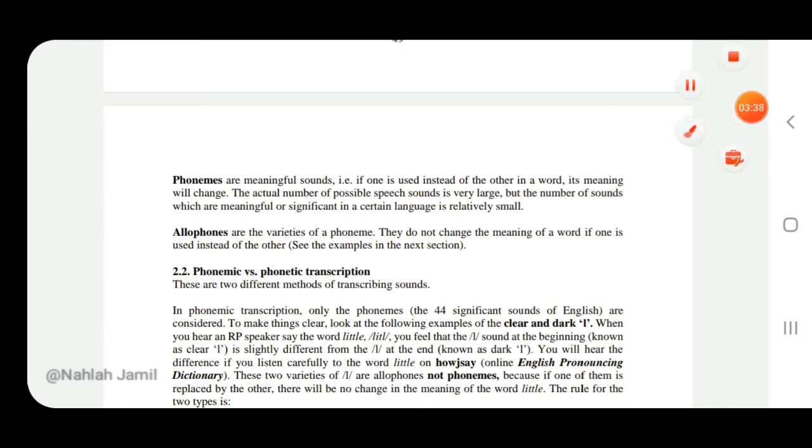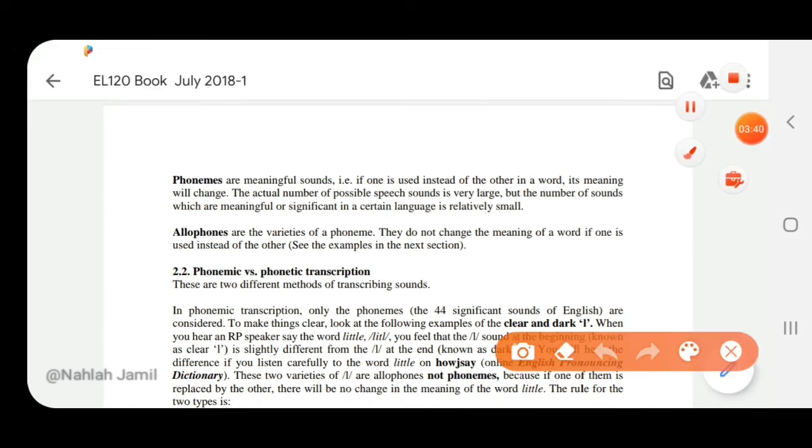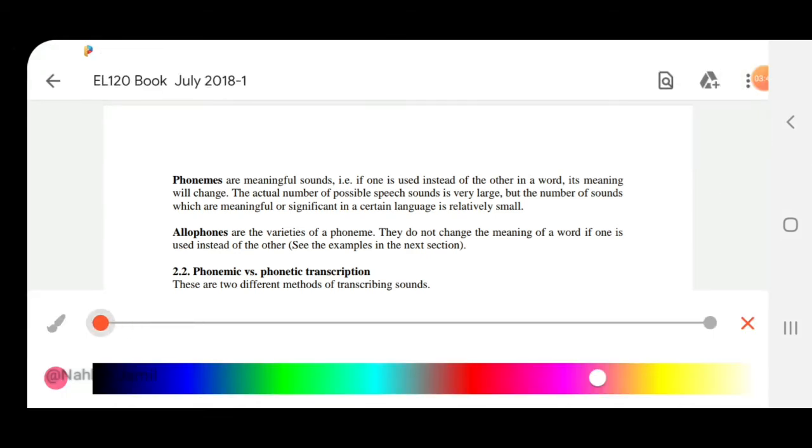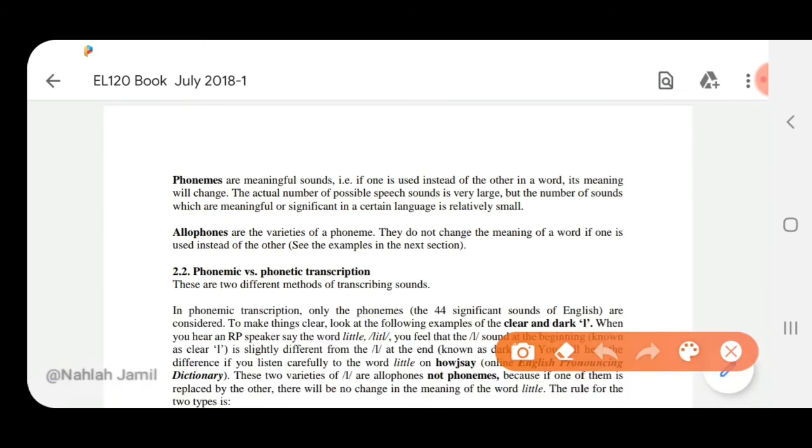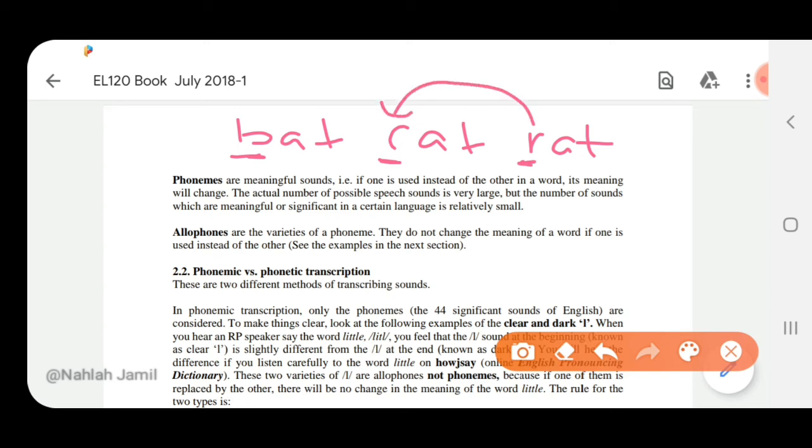So let's take an example. We have bat, we have cat, we have rat. In each one of them, b is a phoneme, k is a phoneme, r is a phoneme, because if you exchange it here, it's going to change the meaning of cat into rat.